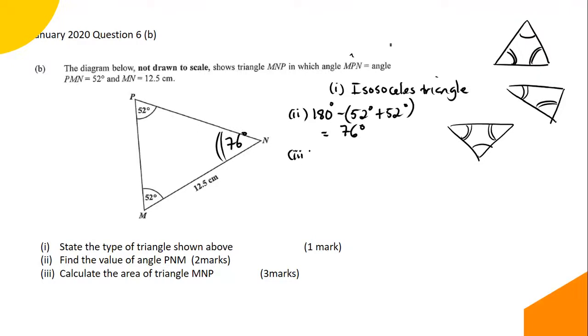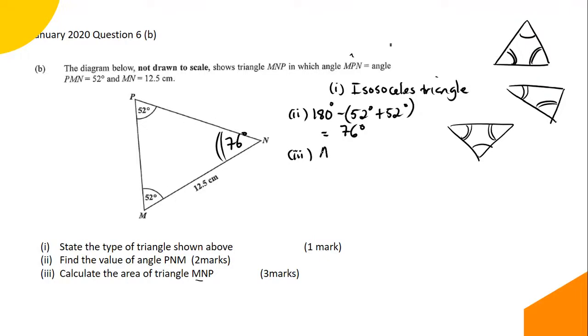And part 3, calculate the area of the triangle MNP. I'm twisting up my tongue. So MNP, we want the area of the triangle. Now we know that the area of a triangle is base times height over 2, but we cannot use that in this case.